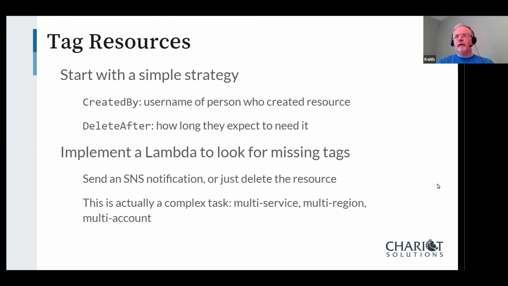I attended a talk a few years ago with someone who had implemented a lambda that if you created an EC2 instance with an open security group, it would terminate it. And that would happen within 5 minutes after you starting it up. Turns out this is actually a fairly complex task. I've been thinking about a blog post for Chariot of all the different pieces that you need to do this.